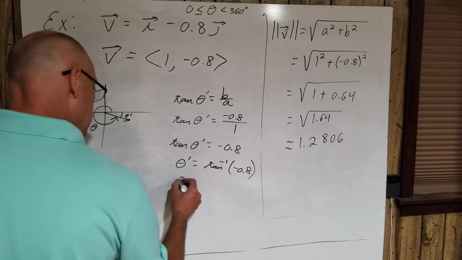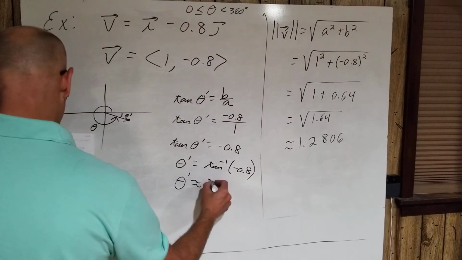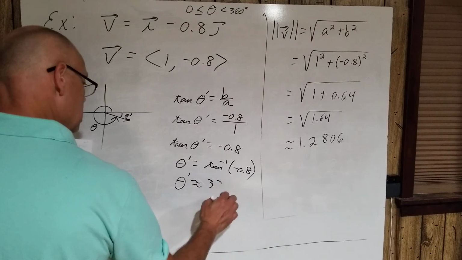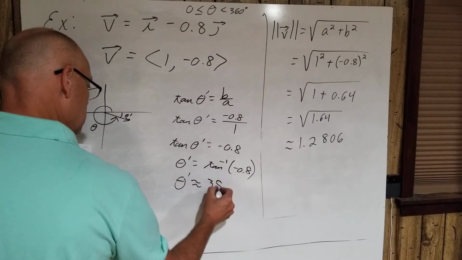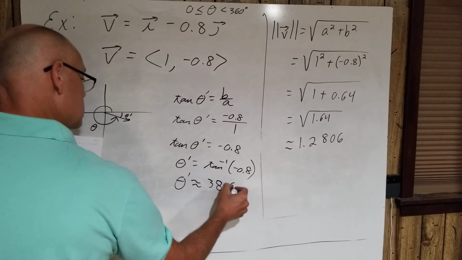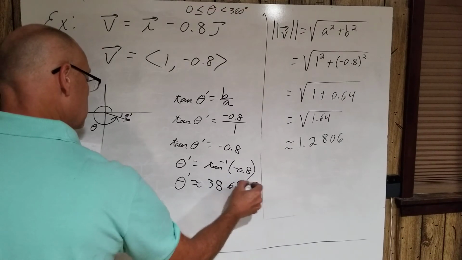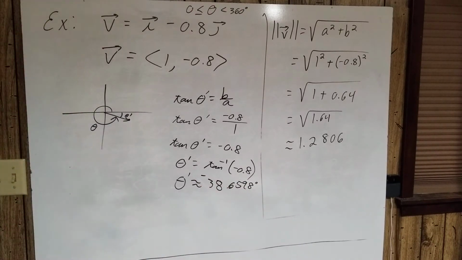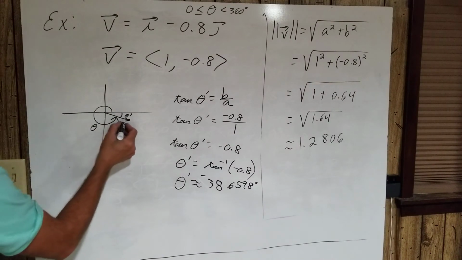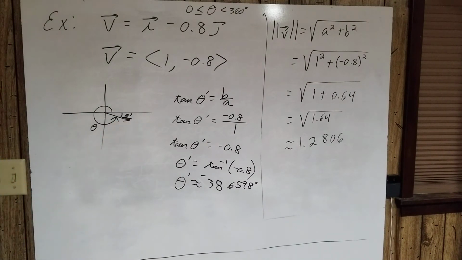So if I do so, I get theta prime is approximately negative 38.6598 degrees, and that's a negative. And the whole reason it's negative is because in this quadrant the tangent's negative, right? So that's this value right here, right?